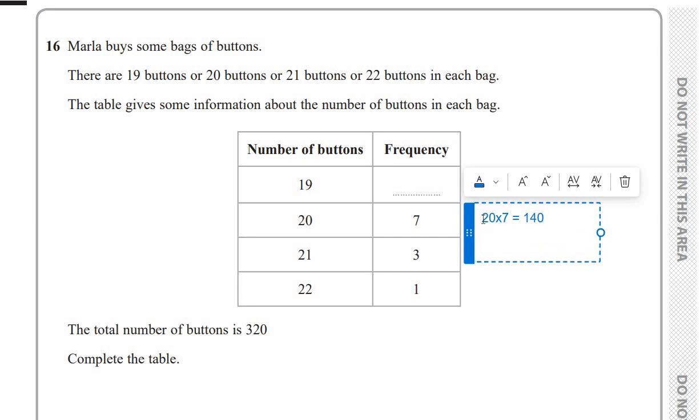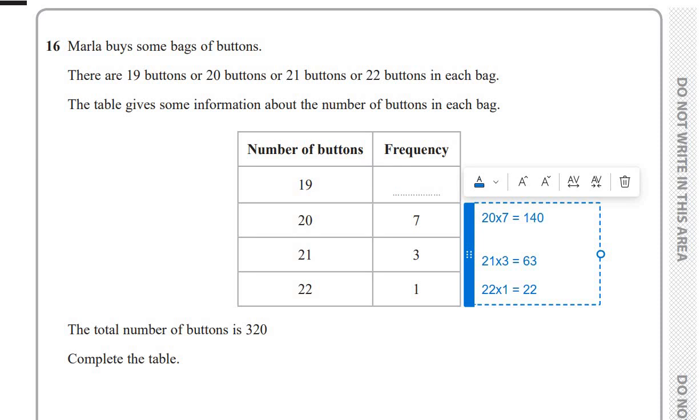And then the total here is 21 times 3, 63 buttons, and 22 times 1, 22 buttons.